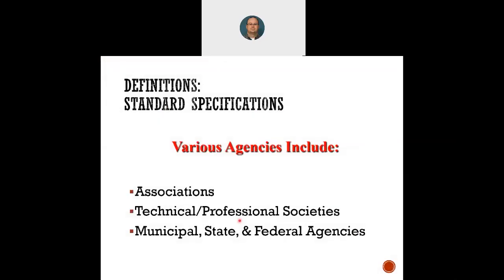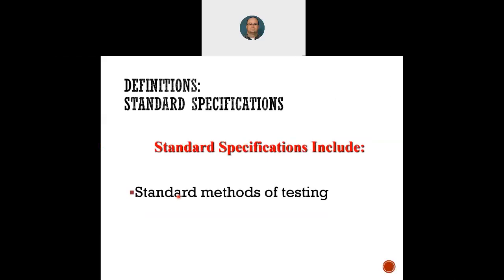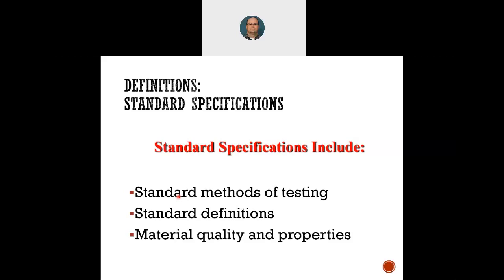Oops. So WisDOT, federal associations, ACI, ASTM. Sorry, I confused you there. So they include standard specifications, standard methods of testing, standard definitions, material quality and properties.